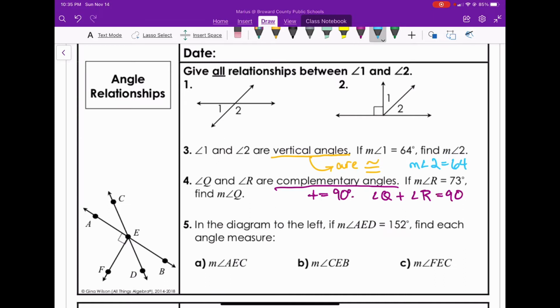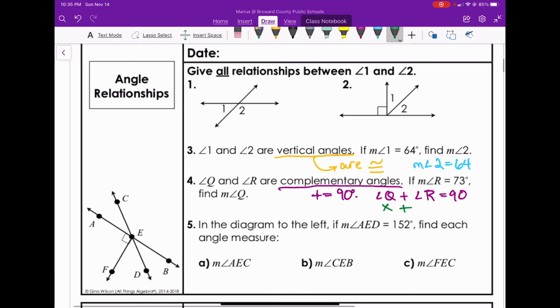We don't know what angle Q is, so that's x. Angle R is 73, and that's equal to 90. To solve for angle Q, the measure of angle Q is equal to 90 minus 73, which is not 27, but 17. So the measure of angle Q is 17.